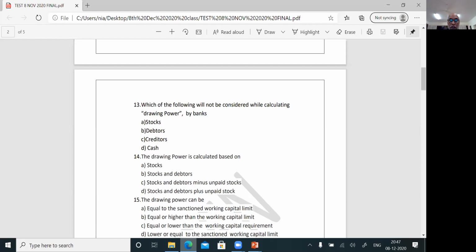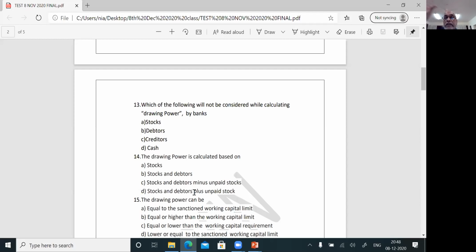Now, question number 13. To calculate the drawing power, what are the things you will take into account? You will take stocks or inventories. Then you have to see in the balance sheet whether any trade receivables or sundry debtors are there, or whether trade payables or sundry creditors are there.